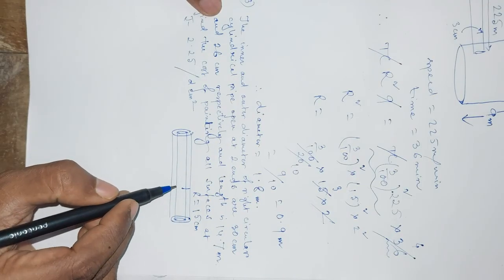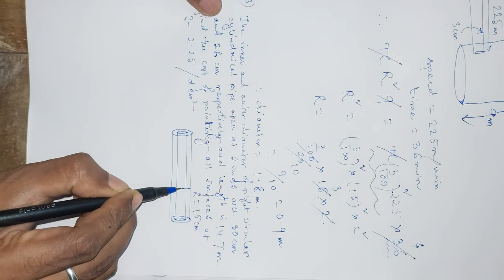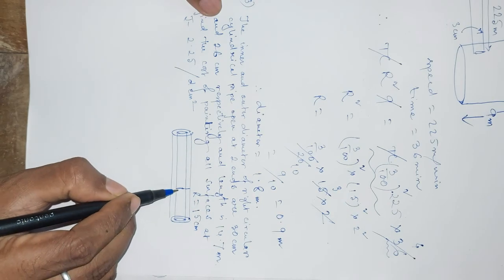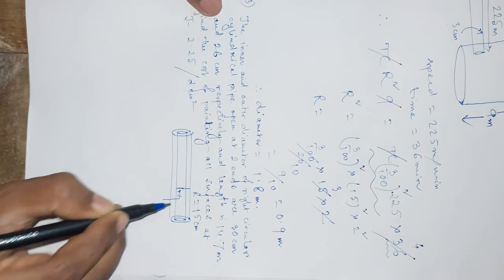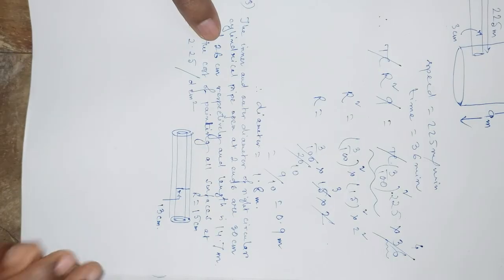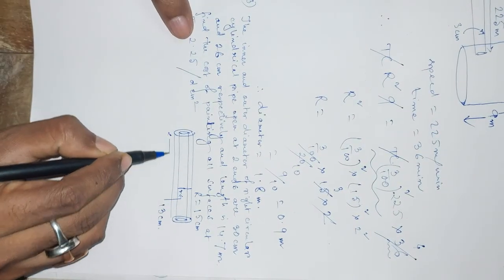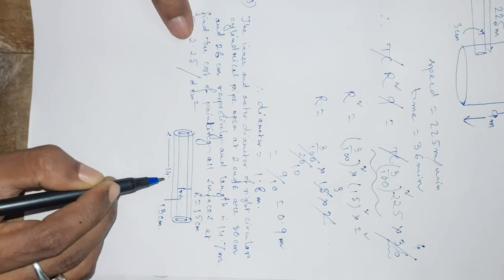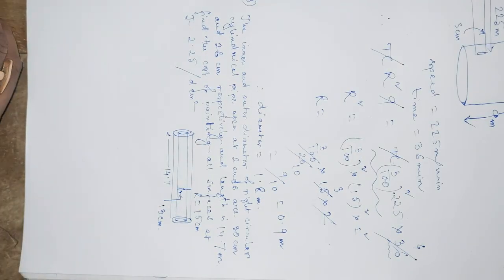And the inner radius small r, which is equal to 13 centimeter, and the length of the pipe is 14.7 meter.